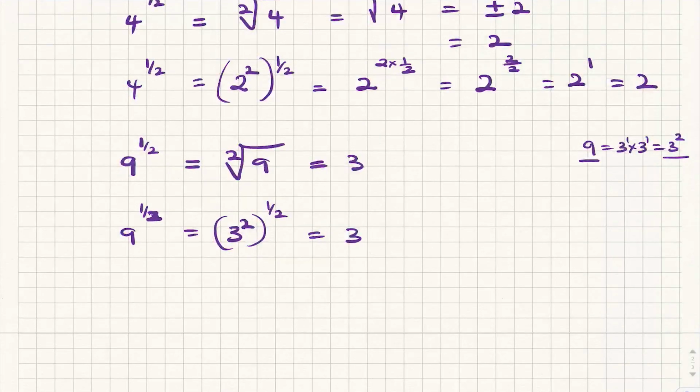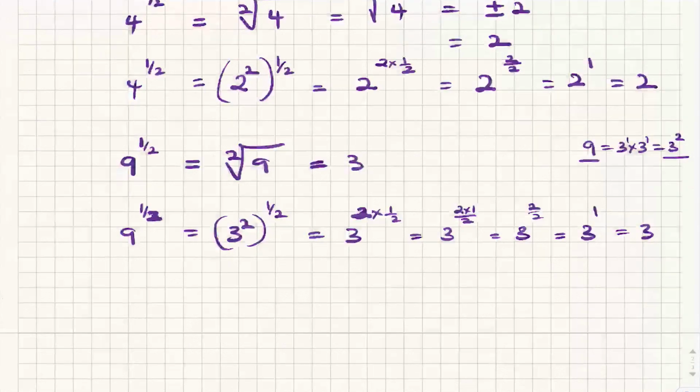So 3 to the power of 2 times a half, which is 2 times 1 over 2, which is 2 over 2, which is 1, and therefore that's 3. So that's the proof of root 9 is 3 using the indices.